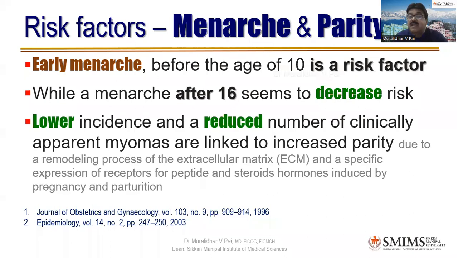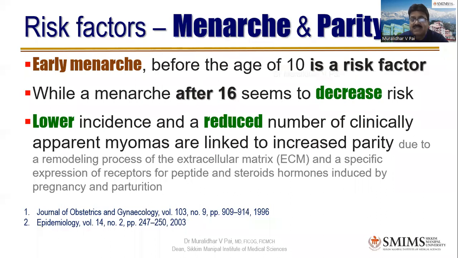Lower incidence and a reduced number of clinically apparent myomas are linked to increased parity due to a remodeling process of the extracellular matrix and a specific expression of receptors for peptide and steroid hormones induced by pregnancy and parturition. So now we know why the more children, less fibroid.